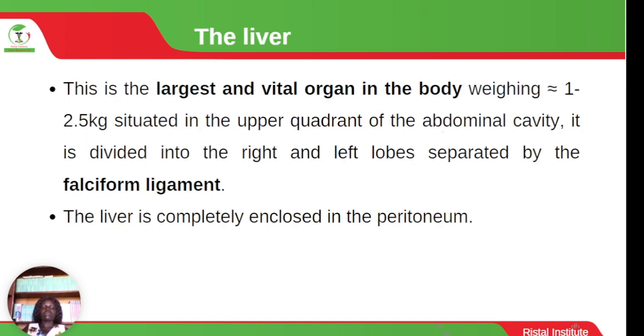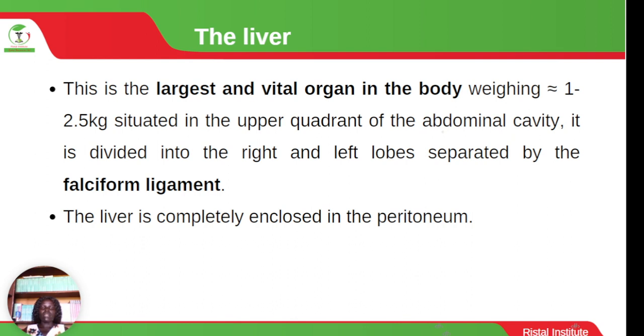The liver. This is the largest and vital organ in the body, weighing 1 to 2.5 kilograms, situated in the upper quadrant of the abdominal cavity. It is divided into the right and the left lobes, separated by the falciform ligament.